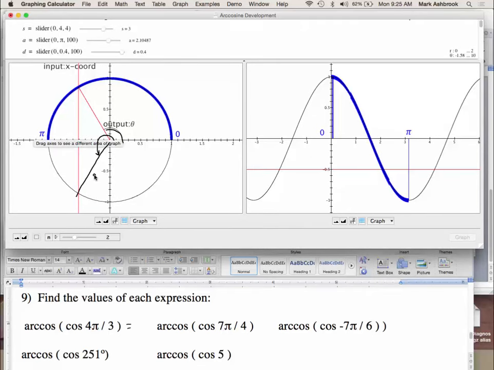That corresponds to a horizontal distance of 0.5. Does it make sense? 4 pi over 3 is not in the range of our cosine. It's out of the range. So we get that corresponding horizontal distance, and then we say which angle in the range from 0 to pi has that horizontal distance.